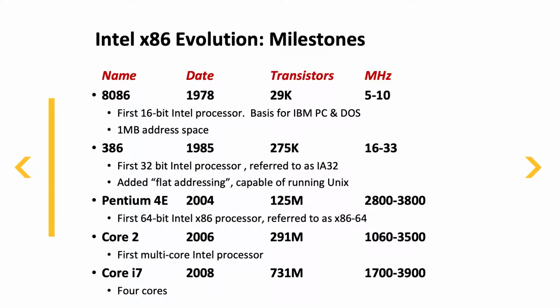So let's take a look at some milestones in that evolution of the x86 that I mentioned on that last slide. Starting way back in 1978, like we mentioned, 8086. This is the first 16-bit Intel processor. This is the basis for IBM PCs, for DOS, which stood for Disk Operating System.